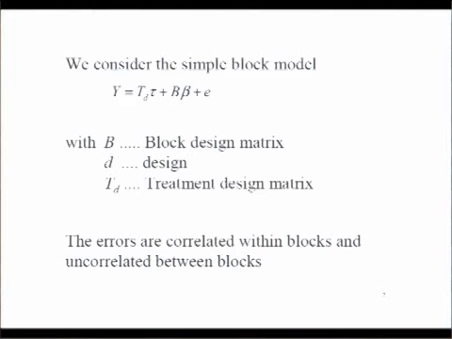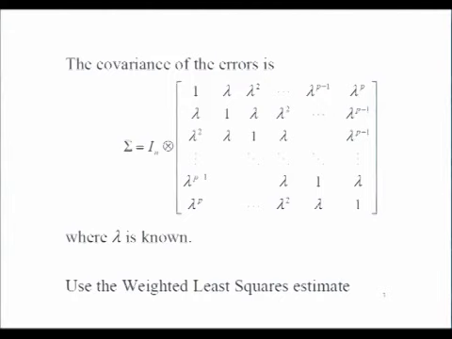We assume that the errors within blocks are correlated and between blocks are uncorrelated. The covariance structure for the errors within the blocks is the AR1 process. So we have a stationary process, and it depends on just one parameter. We assume that this parameter is known, so we can do the weighted least squares analysis.